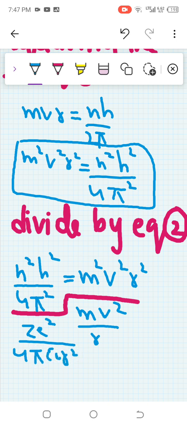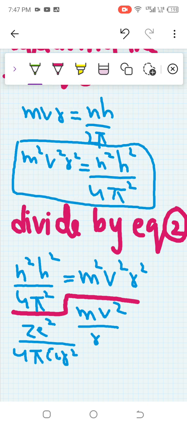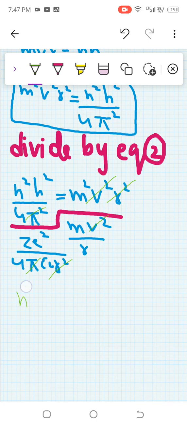Now let's do the cancelling. Here you can see v square is cancelled, r square is cancelled, then we have pi and pi, so one pi is cancelled. What is remaining is n square h square over pi, 4 is cancelled.